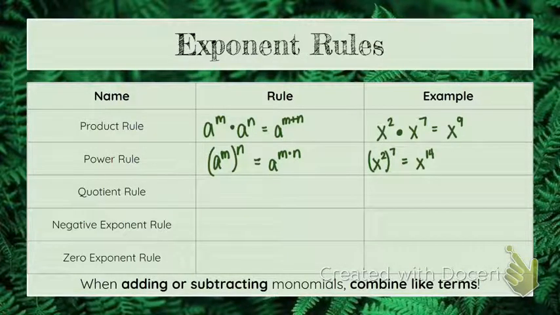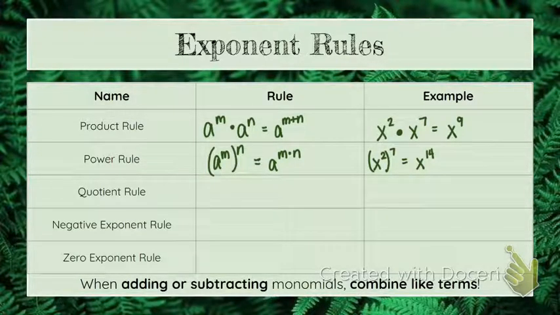And that works because we would have x squared times itself 7 times, and so we have x times x, x times x, x times x, 1, 2, 3, 4, 5, 6, and 7. And if we multiply all those together, there are 14 x's, or x to the 14th power.